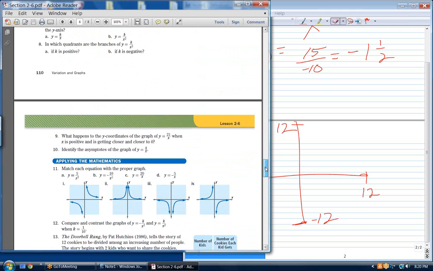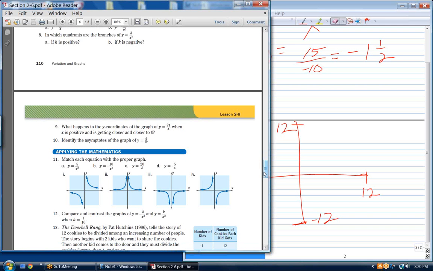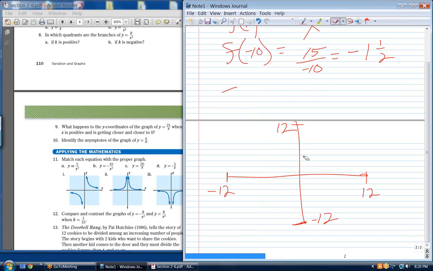Next one is 8. In which quadrants are the branches of y equals k over x squared if k is positive? This is quadrant 1, quadrant 2, quadrant 3, and quadrant 4.